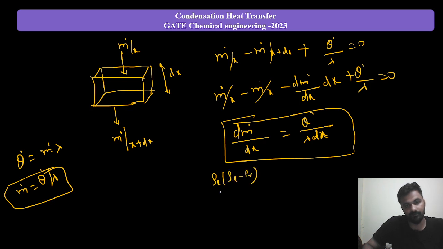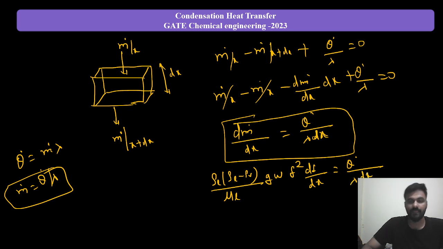Rho L minus rho V by mu L into G W, and that was equal to delta square d delta by dx, that is equal to q dot by lambda dx, right? Now next, dx and dx will get cancelled out.